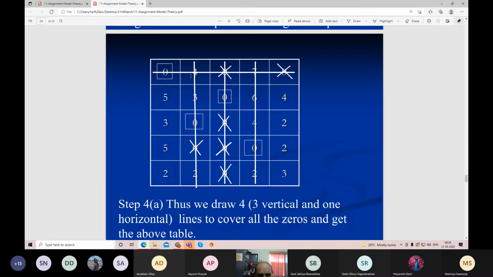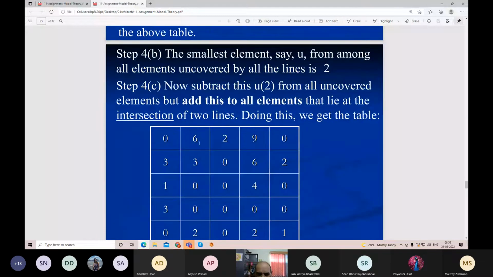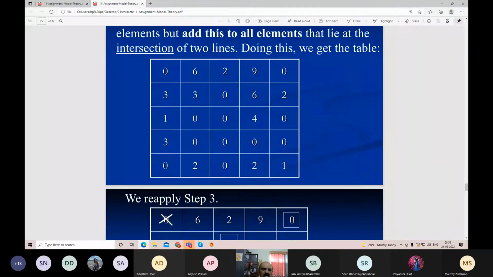There are 3 crossings you can see here: 4, 0, 7. So they increase by 2: 4 will be 6, 0 will be 2, 7 will be 9. Okay, 6, 2, 9. And all 0s remain. So this is the present form of the assignment matrix.